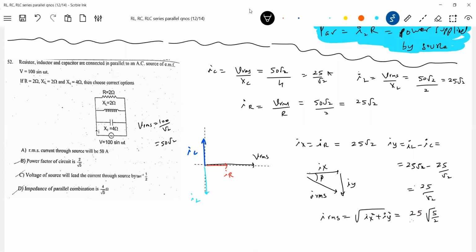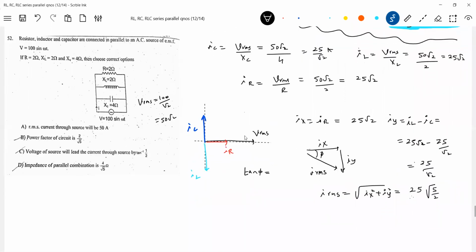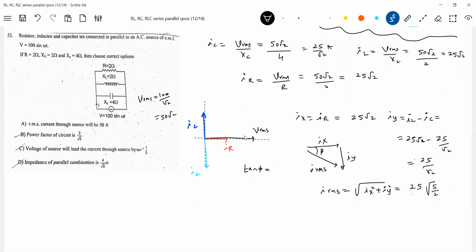So now we know VRMS and IRMS, we'll get the impedance. We'll calculate all the quantities one by one. Let's calculate tan phi also. Tan phi will be Iy by Ix. Value of Iy is 25 by root 2, Ix is 25 root 2, so 1 by 2.